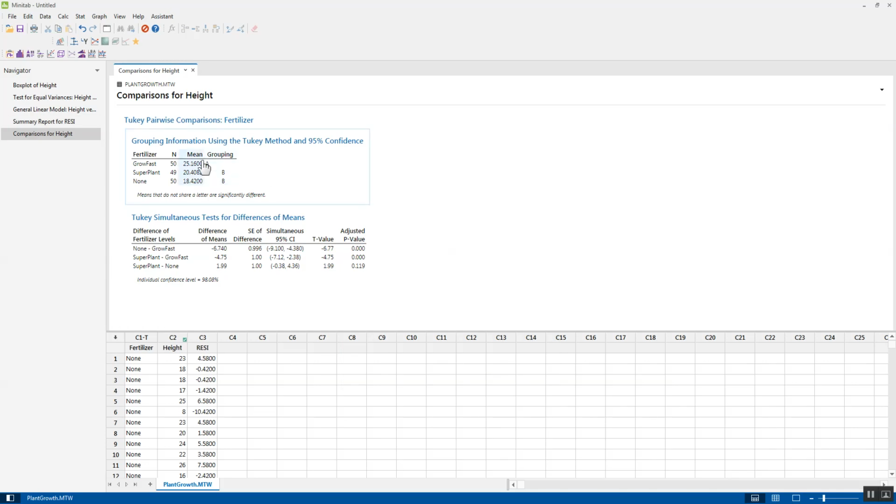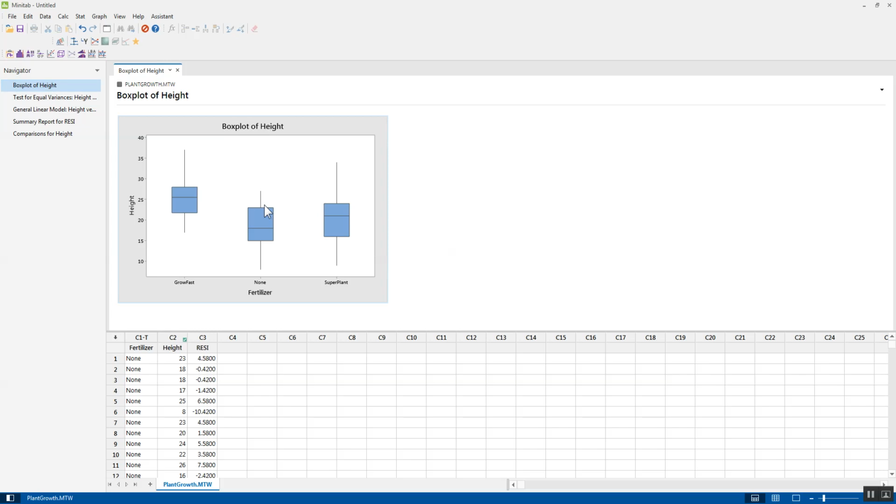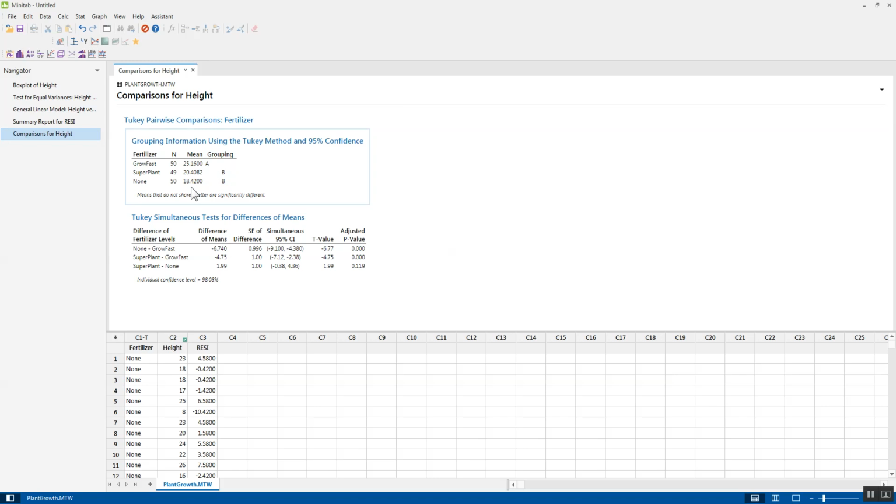So what we can see, as we sort of inferred from the box plot before, none and superplant don't seem to be that different, and against the comparisons we can see none and superplant both share the letter B. Means that do not share a letter are significantly different. So it's grow fast that has a significantly higher plant height.